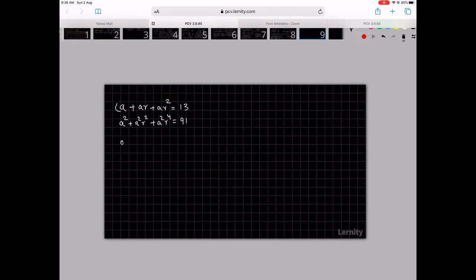When I square this, I'll get A squared (1 plus r squared) the whole squared divided by A squared (1 plus r squared plus r power 4), equal to 13 into 13 by 13 into 7. I hope this is understood. These two get cancelled, these two get cancelled. So I have (1 plus r squared) whole squared into 7 is equal to 13 into (1 plus r squared plus r power 4).